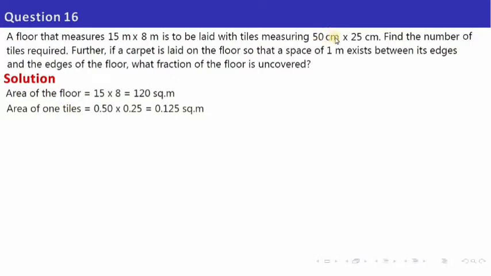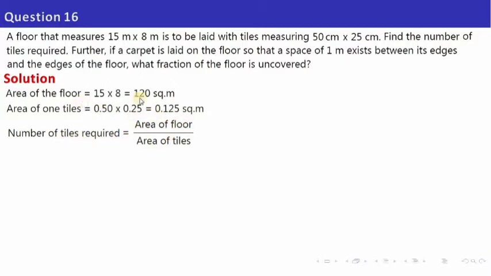So we will convert this into meter. 50 centimeter, when you convert into meter, you get 0.50, and when you convert 25 into meter, you get 0.25. So multiply these two, you get 0.2125 square meter. Therefore, to calculate the number of tiles required, we use this particular formula.